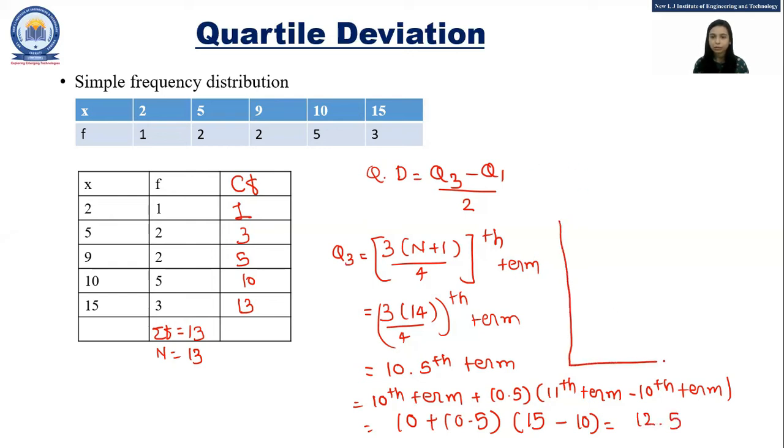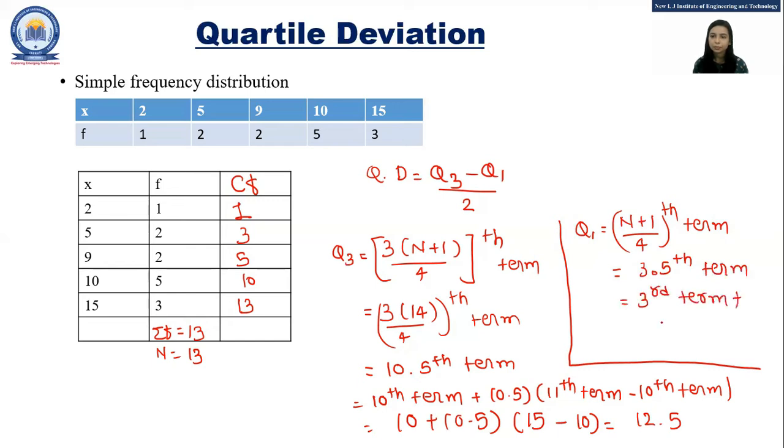Similarly, we can find Q1. For Q1, (n plus 1) divided by 4th term is equal to the 3.5th term, which is the 3rd term plus 0.5 into (4th term minus 3rd term).